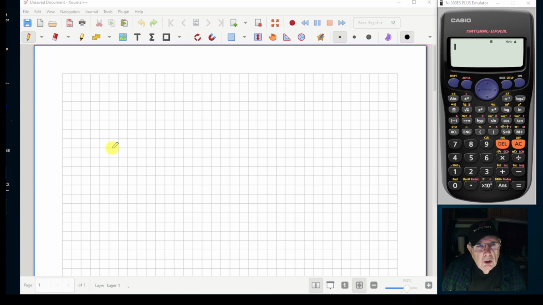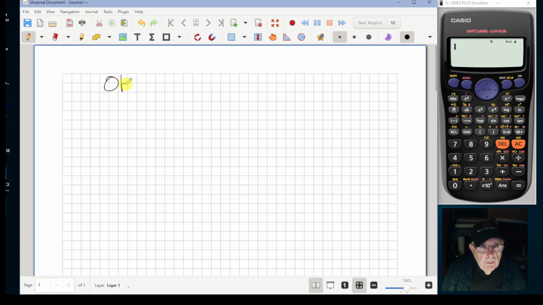So let's look at probably the best known equation, Ohm's law. Ohm's law states that the voltage is equal to the current times the resistance.